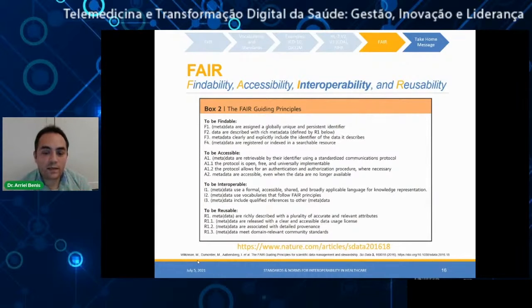And using the same data over time, not only from a technical perspective, but also from a legal perspective by providing the relevant usage license.